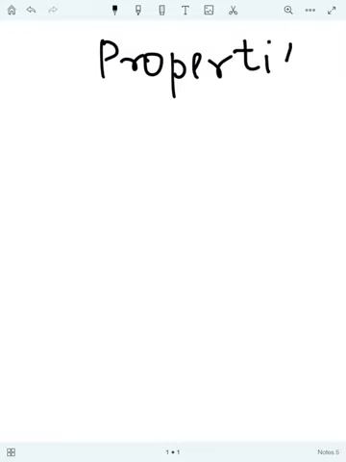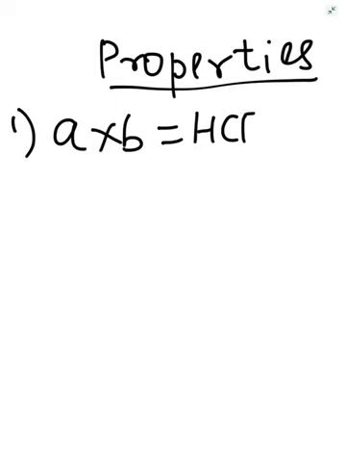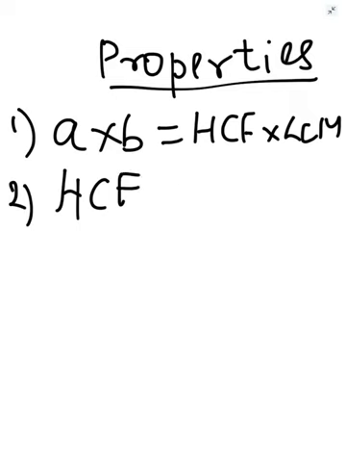So now we can list down some properties of HCF and LCM, which you can note down. First property, already discussed: the product of the numbers and the product of their HCF and LCM is always equal. Second property: HCF, the highest common factor, is always less than or equal to the least number of the given numbers.